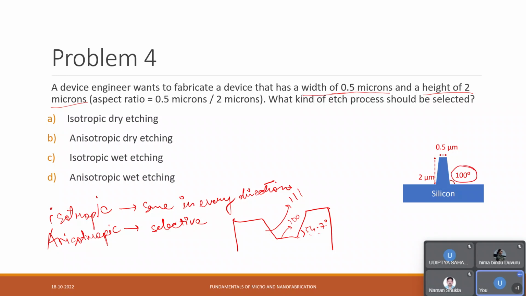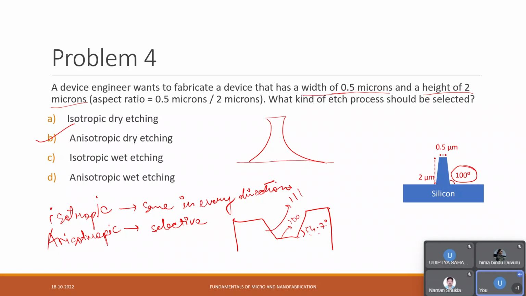etch profile. The best method for etching here would be anisotropic dry etching, because if it is isotropic, the etch profiles would not be rectangular. And with anisotropic wet etching, the characteristic angle of 54.7 would be there.